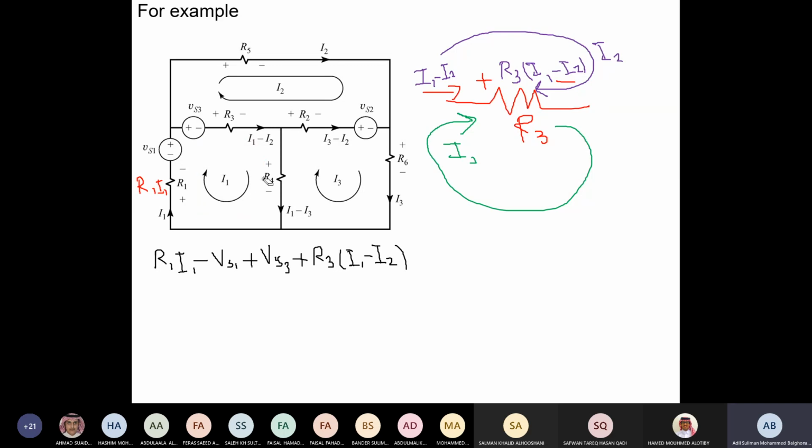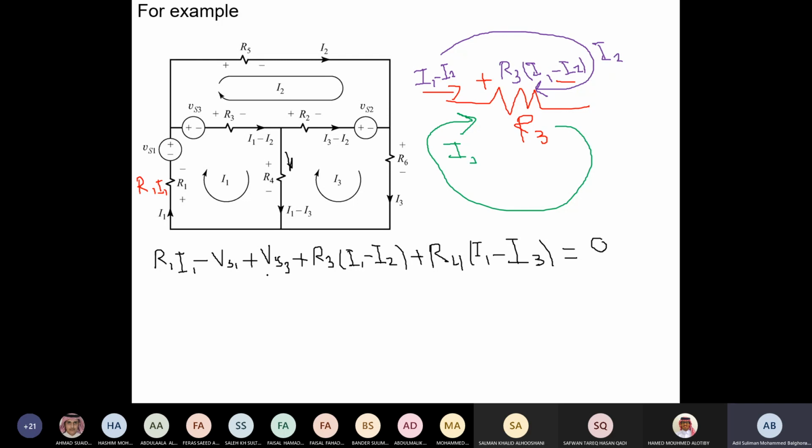And that is going to equal, since I'm going down over here, plus R4. Of course the current going down over here is I1 minus I3. And this is equal to 0.